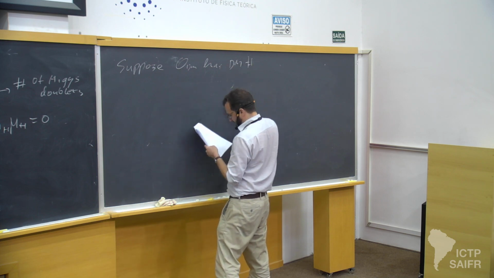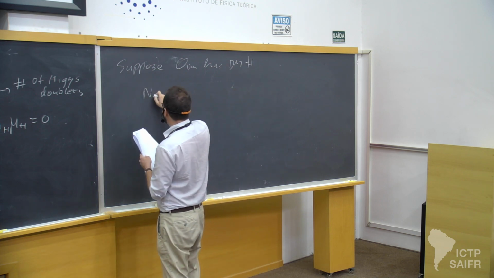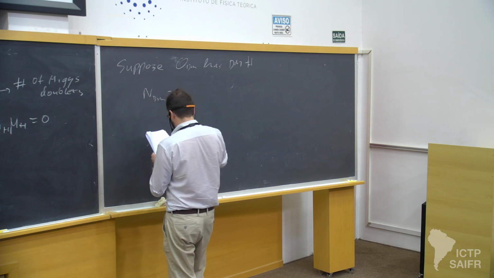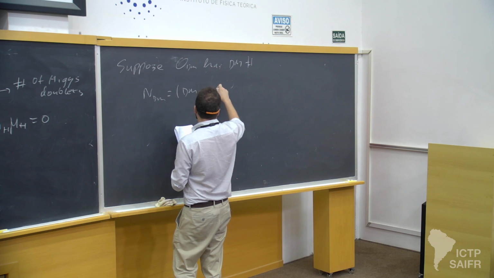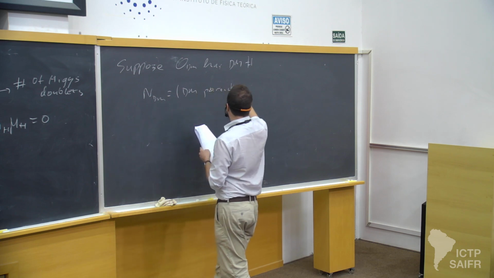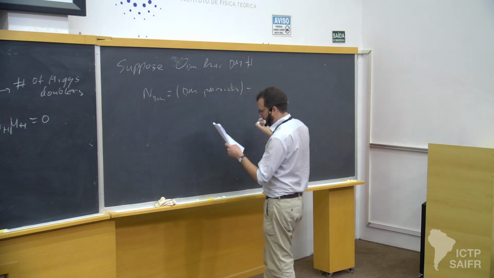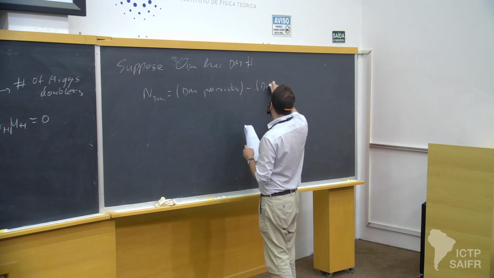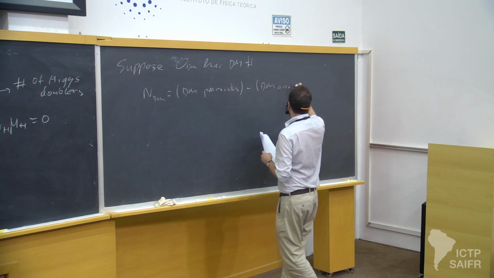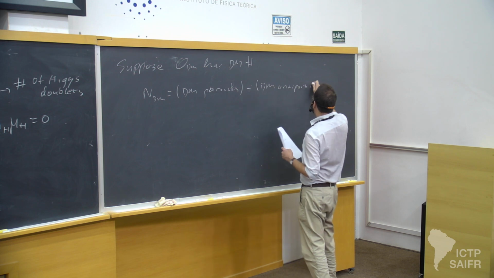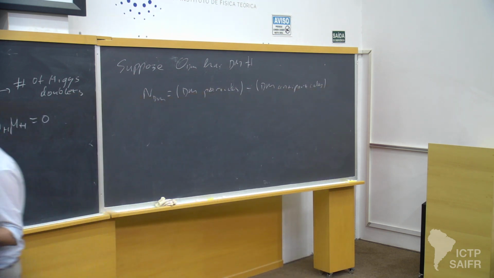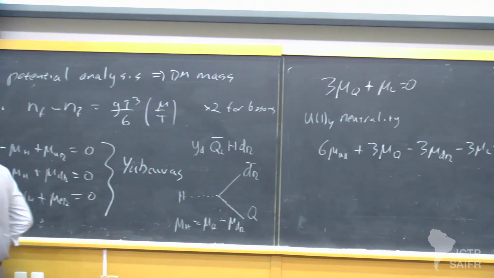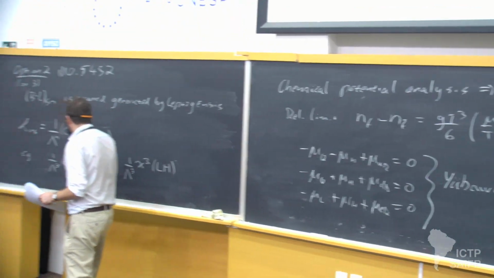The dark matter number N_DM is just going to be the number of dark matter particles that appear in that operator minus the number of dark matter antiparticles, okay? And for simplicity, we're just assuming a single species of dark matter, yeah? You can easily generalize it. So here we have 2 dark matter particles involved.